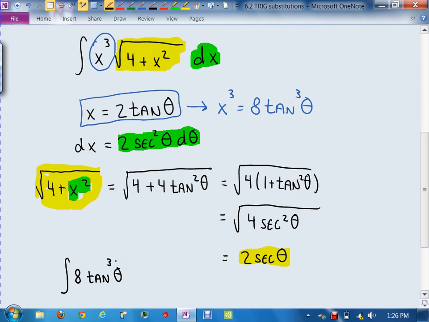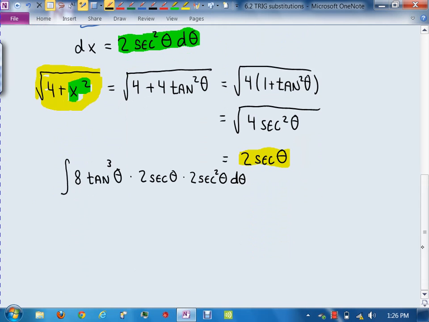And then what was the square root of 4 plus x squared? 2 times secant theta, times dx, which is 2 secant squared theta d theta, right? Don't forget the d theta in there. Now I'm going to move that up, but I was just trying to give myself some room. Is that all right? Let me clean that up.